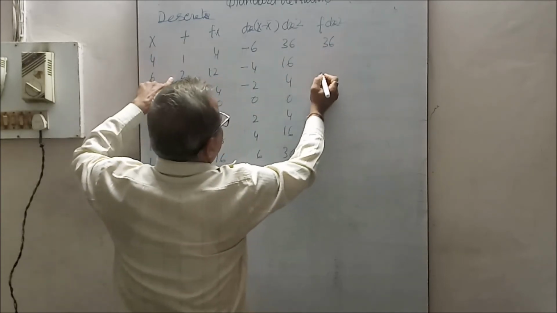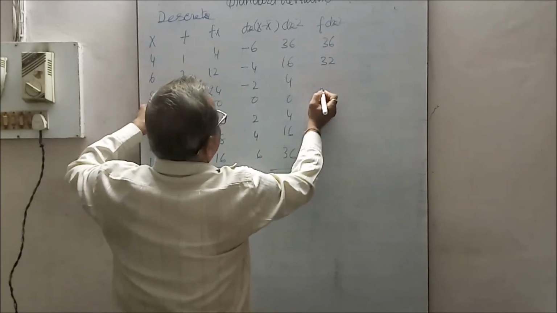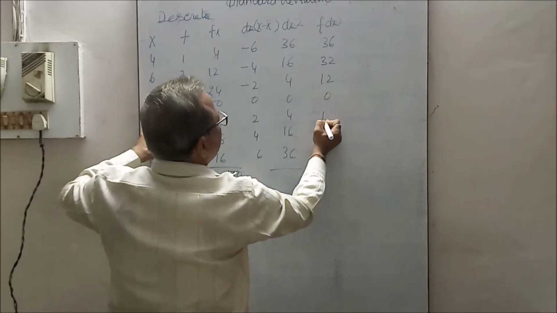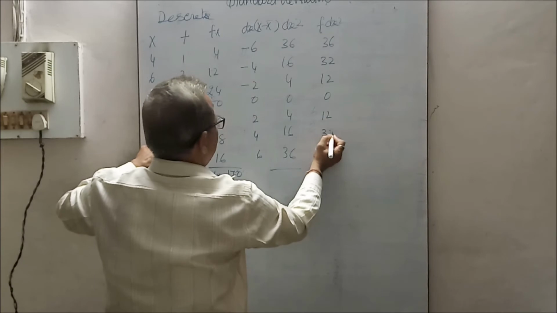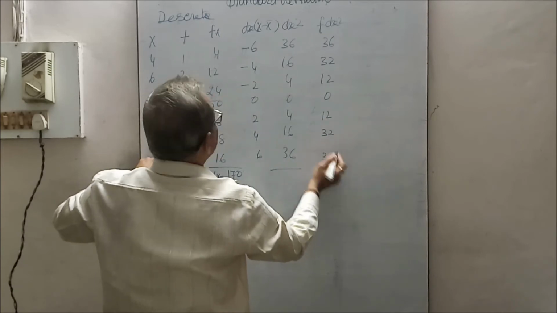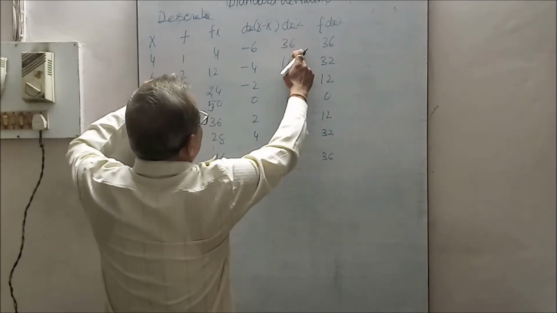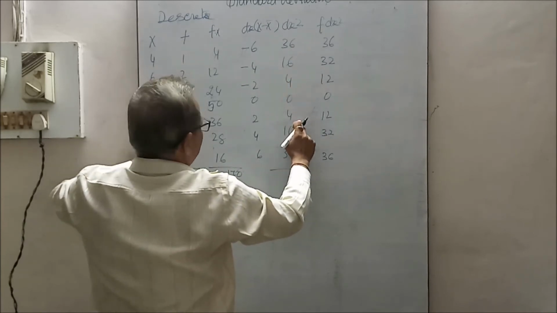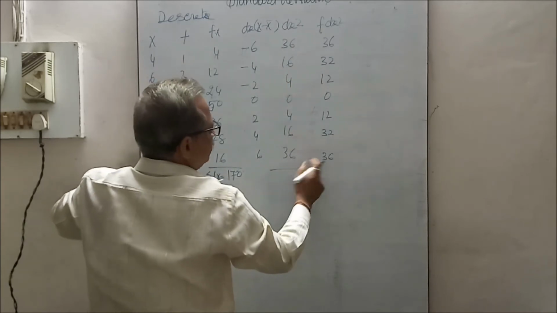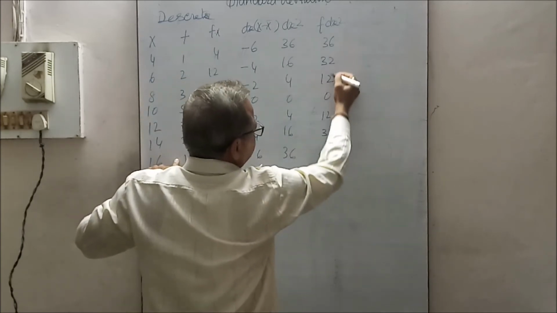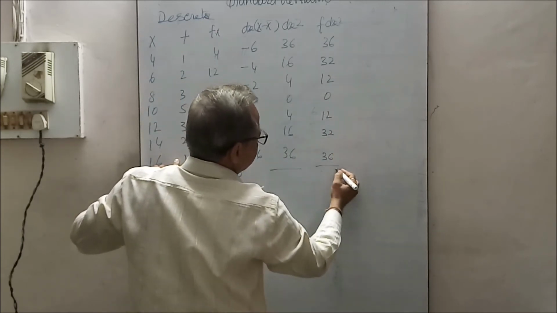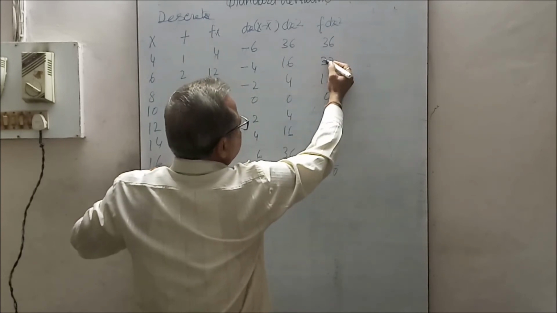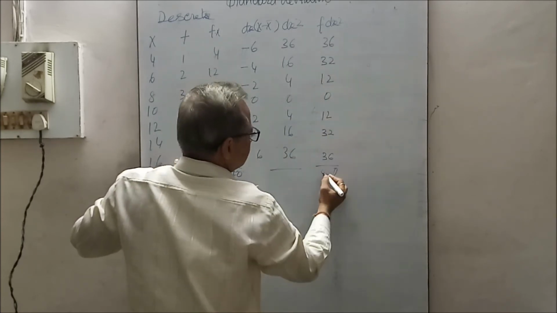That is 1 into 36, 2 into 16, 3 into 4, 5 into 0, 3 into 4, 2 into 16, 1 into 36: 36, 32, 12, 0, 12, 32, 36. Total it: 160.